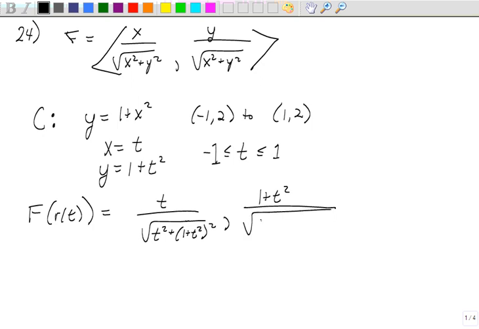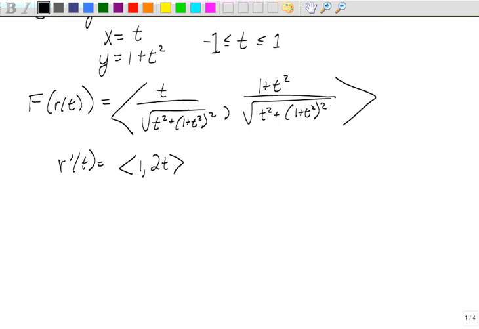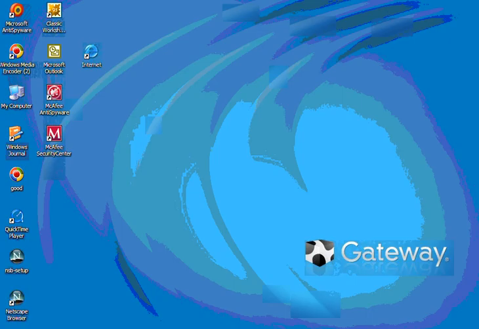I'm substituting these in. And r prime. And I'm going to dot those and integrate that. Okay, so Maple will help us.